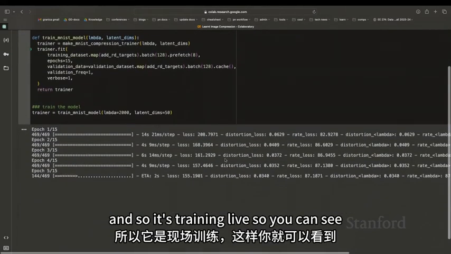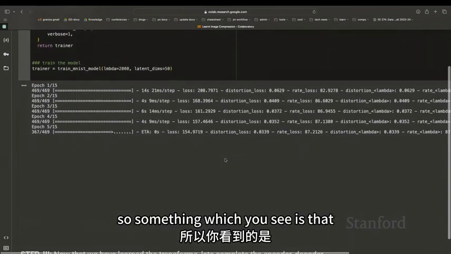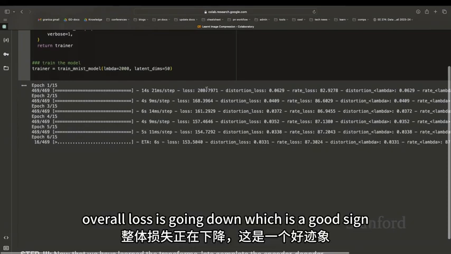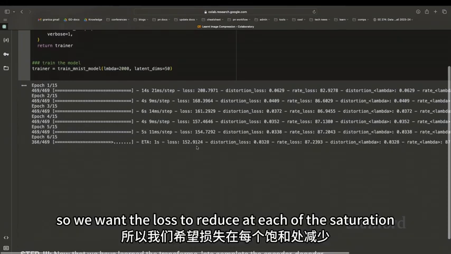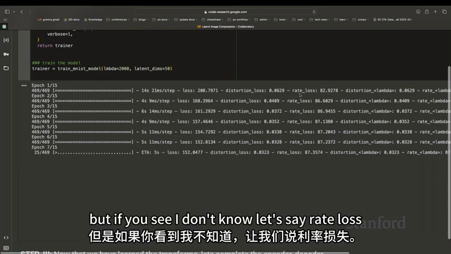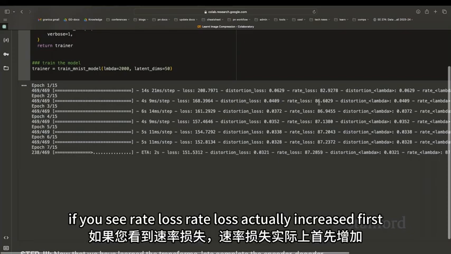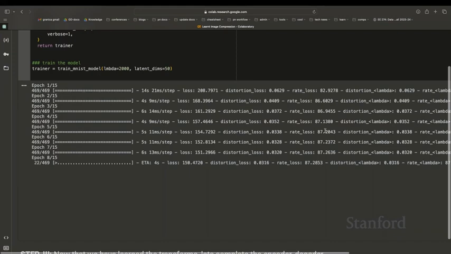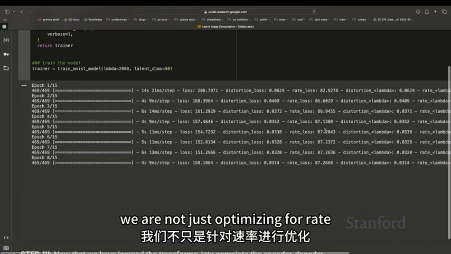It's training live, so you can see. Something you see is that the overall loss is going down, which is a good sign. We want the loss to reduce at each iteration. But if you look at the rate loss, it actually increased at first. But that's not a problem, because we are not just optimizing for rate.